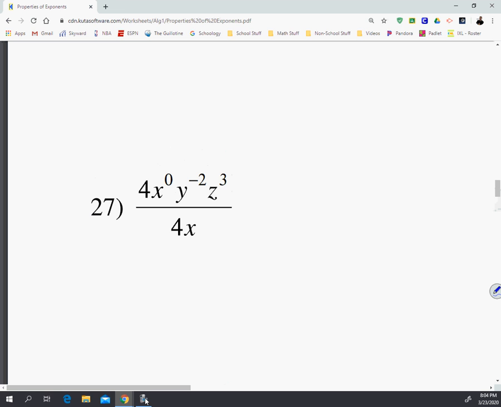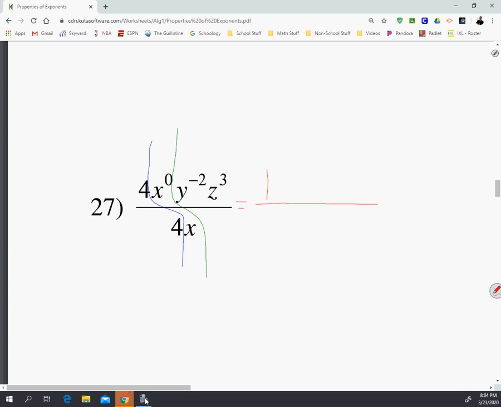It shouldn't, okay? What we're going to do here is just line up the numbers, line up the x's, and in this case, the y's and the z's don't really have anything. But if I just gave you this question and said, what's 4 divided by 4? You would say 1, right? And you wouldn't bat an eye. Well, guess what? That's what it is. 4 divided by 4 is just 1. So I'm just going to write it on top.